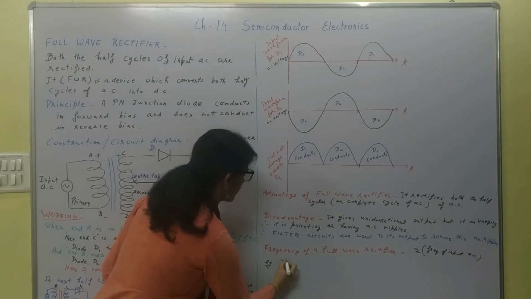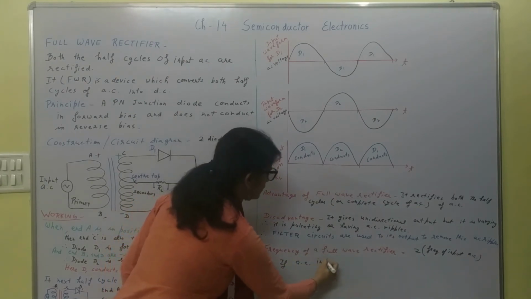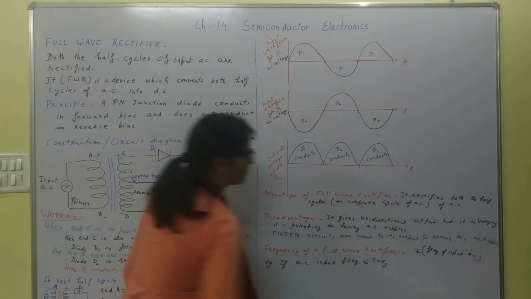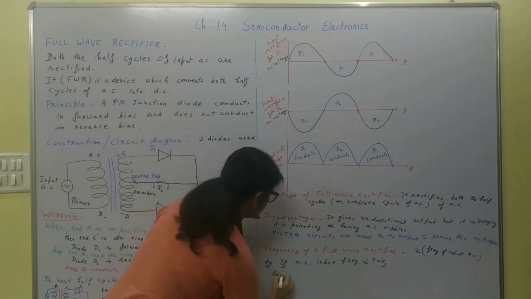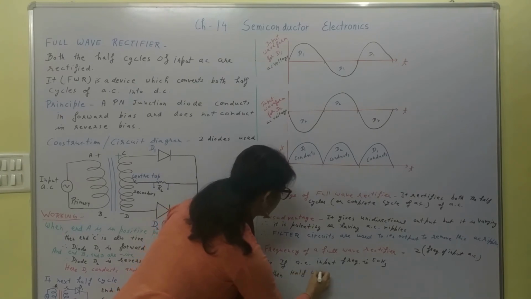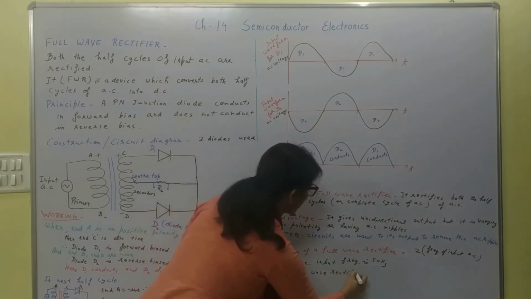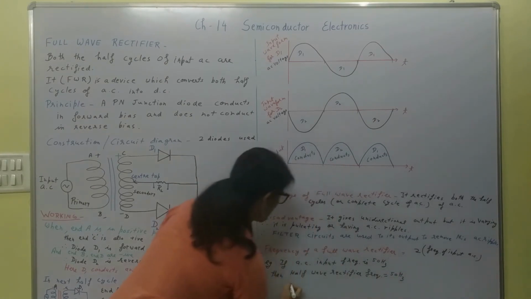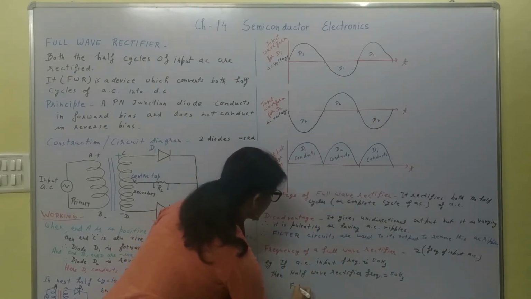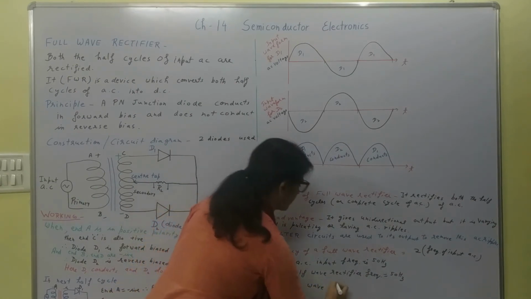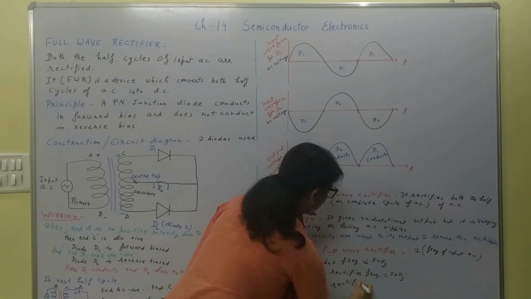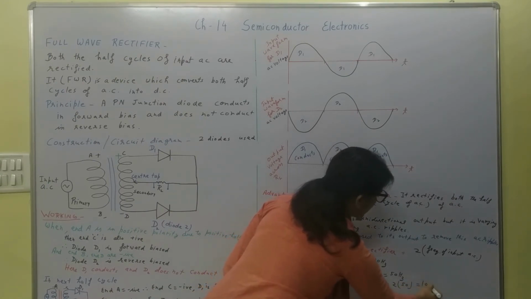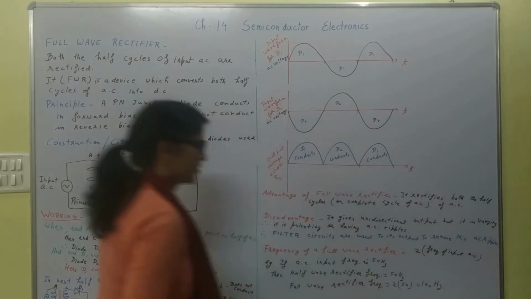If the AC input frequency is 50 Hertz, then for the half wave rectifier the output frequency is the same as the AC input, but for the full wave rectifier it is equal to 2 times 50, that is 100 Hertz.